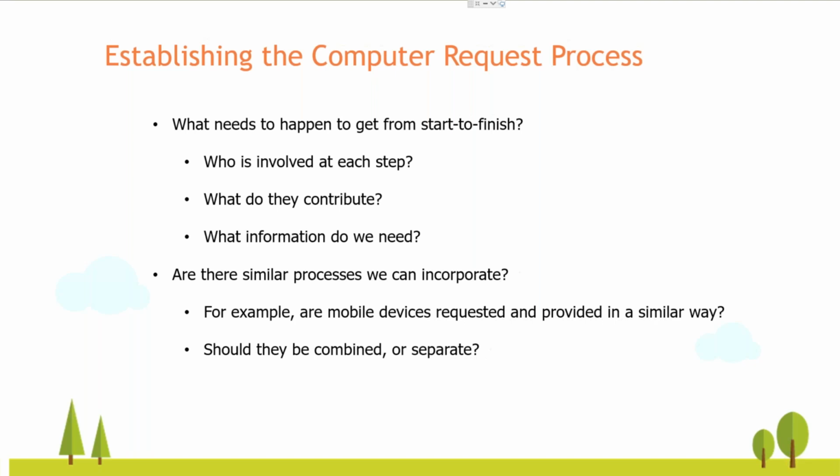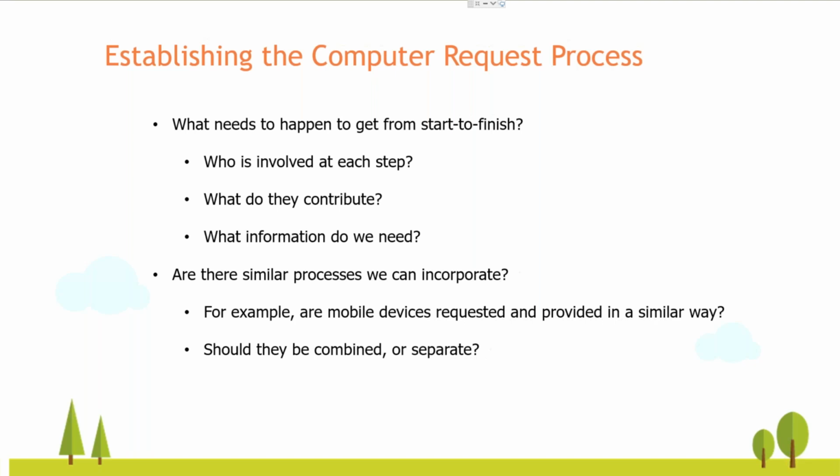And it's really worth considering at this point, are there similar processes to incorporate? So the example here again is if we're doing a computer request process where they can request either a laptop or a tablet or a desktop PC, then once we've started to think about our process, is a mobile phone request any different? In which case maybe this can come into that same process.